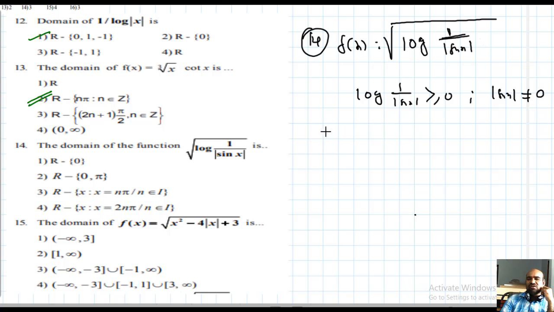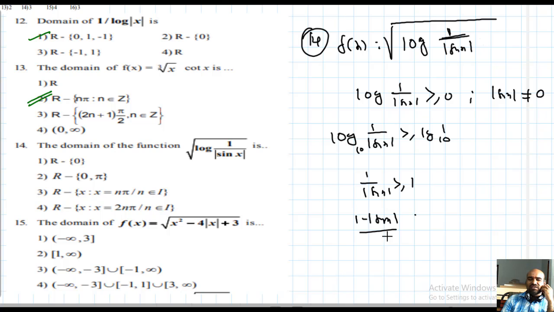So for the first condition, I want to solve log of 1 by mod sin x greater than or equal to log of 1 to the base 10. For example, this is 10, that is 10. So 1 by mod sin x is greater than or equal to 1, or (1 minus mod sin x) by mod sin x is greater than or equal to 0.